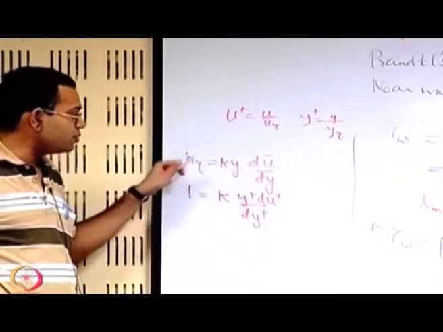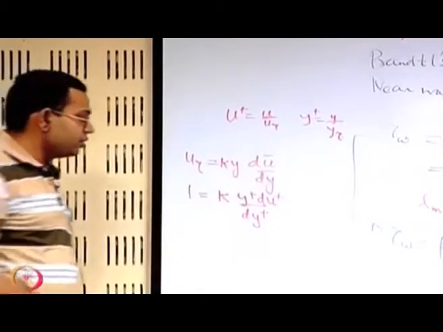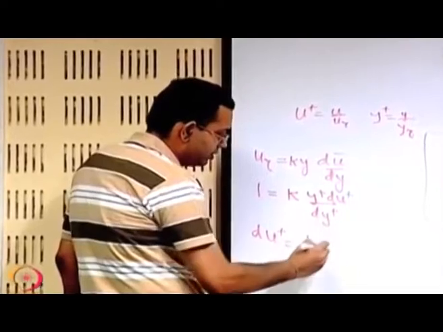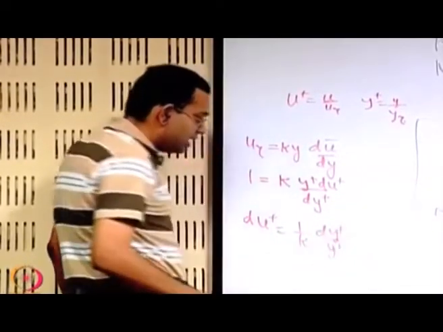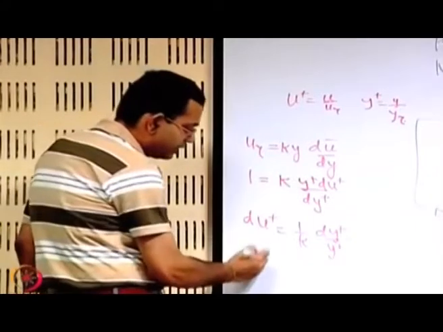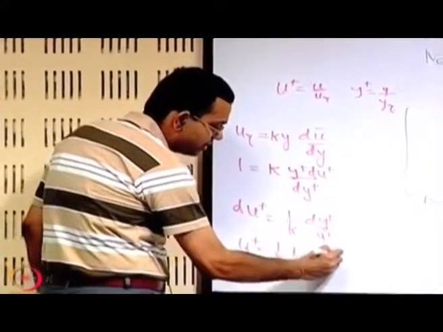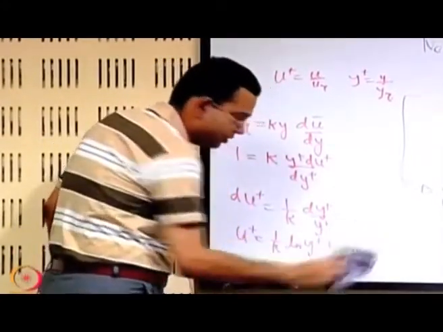This u bar you absorb with u bar by u tau, that becomes u plus. Okay. So du plus is equal to 1 by k dy plus by y plus, and if you integrate this you get u plus is equal to 1 by k ln y plus plus some constant say capital A.